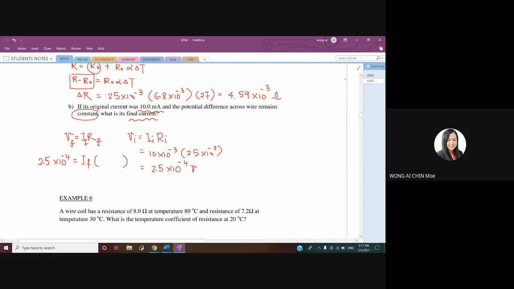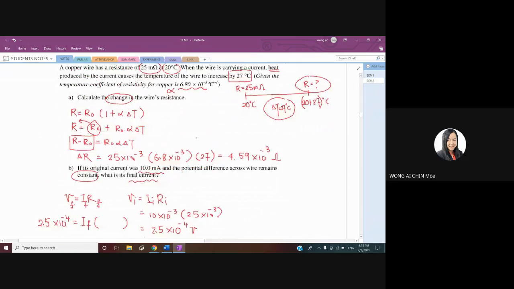So we must go back to just now, where we know that the change of the resistor is equal to R final minus R initial.